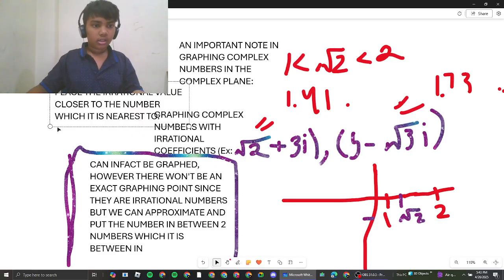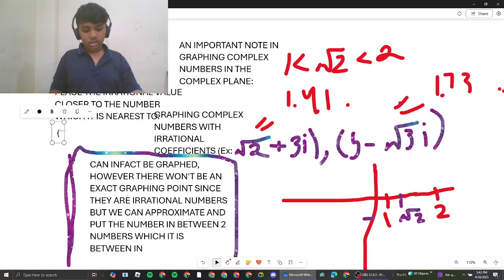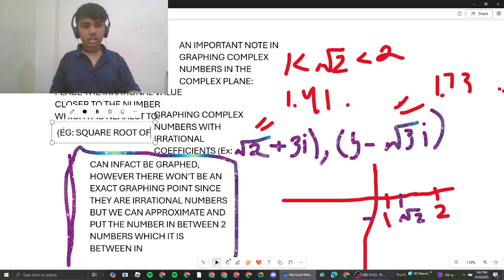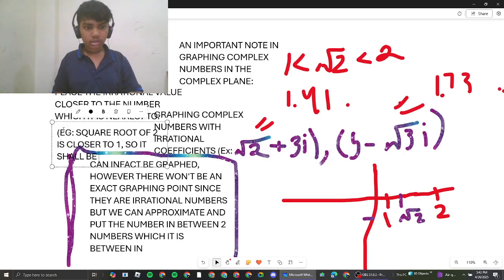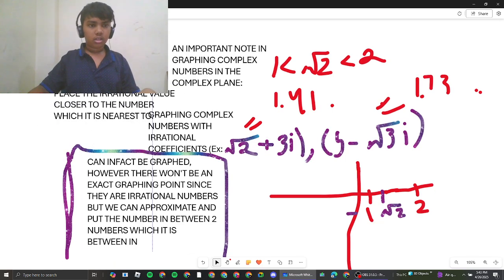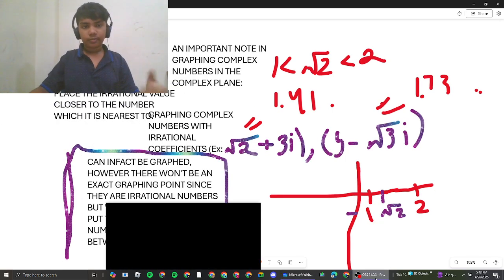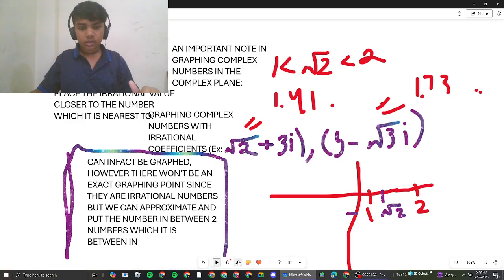Like for example, the square root of 2 is nearer to 1, so it shall be put close to 1. Okay, got this? Just remember this.